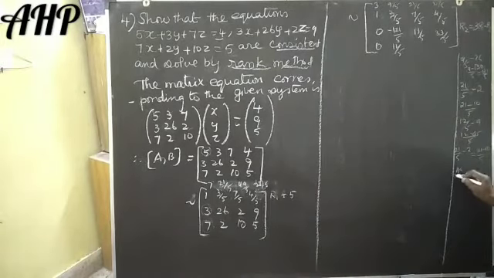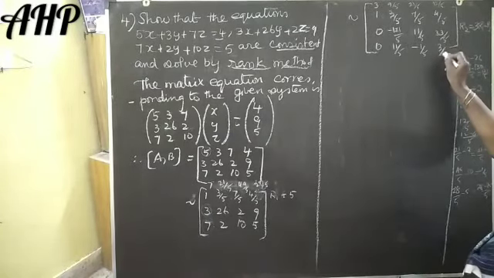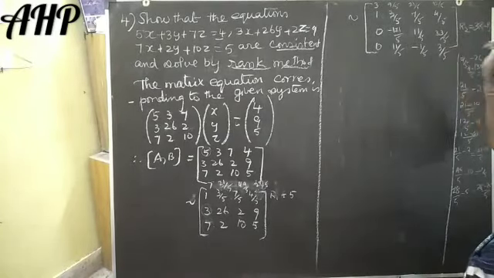So 49 by 5 minus 10 is going to be 49 minus 50, so minus 1 by 5. Then 28 by 5 minus 5, so 28 minus 25 by 5. This is going to be 3 by 5.